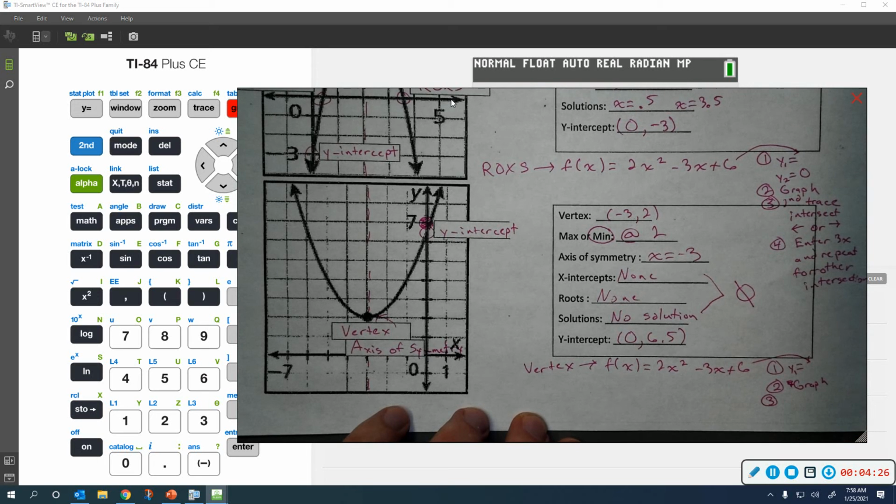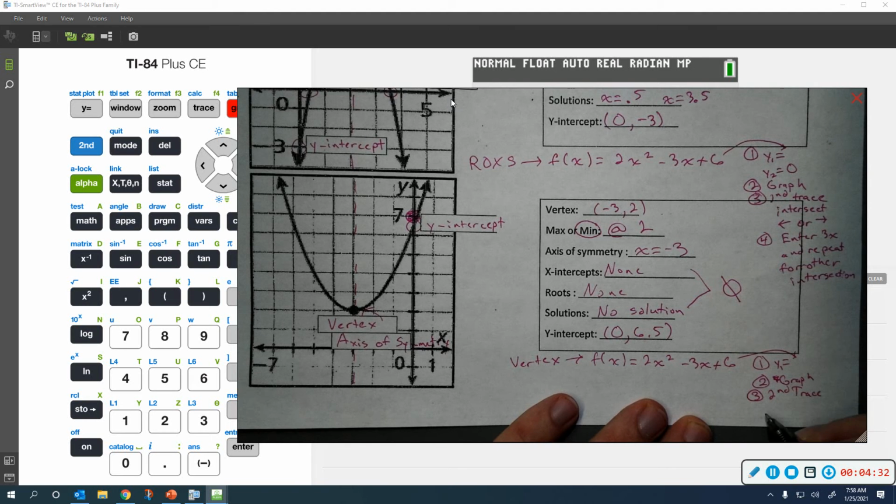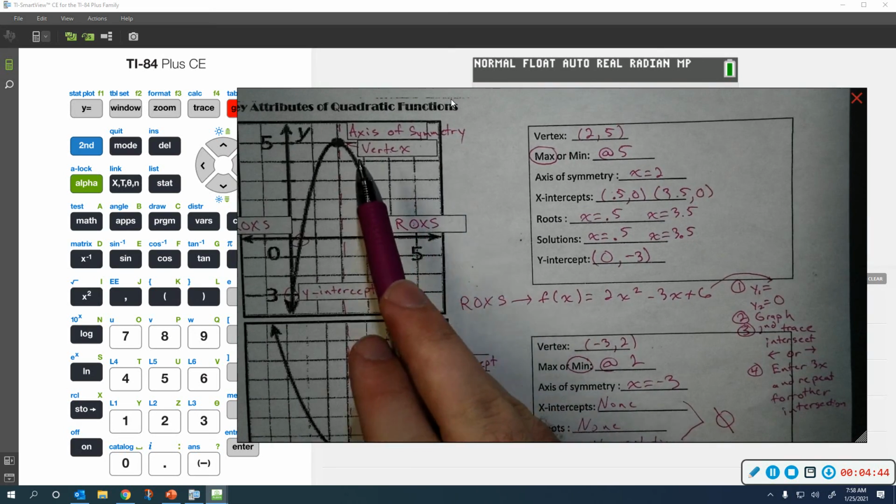Third step, second, trace. And you need to know if it's a min or a max. Remember, if it's a minimum, it's going to be on the bottom. If it's a maximum, it's going to be on the top.